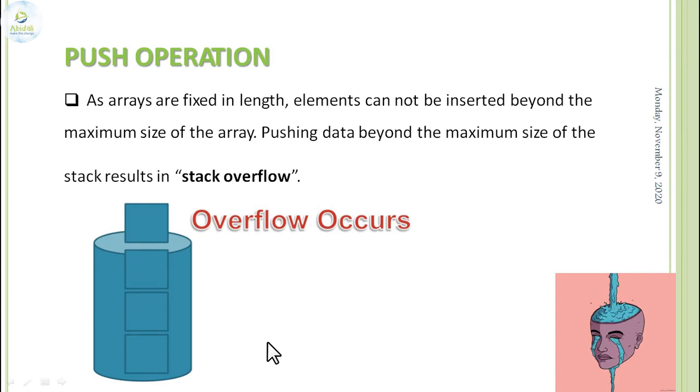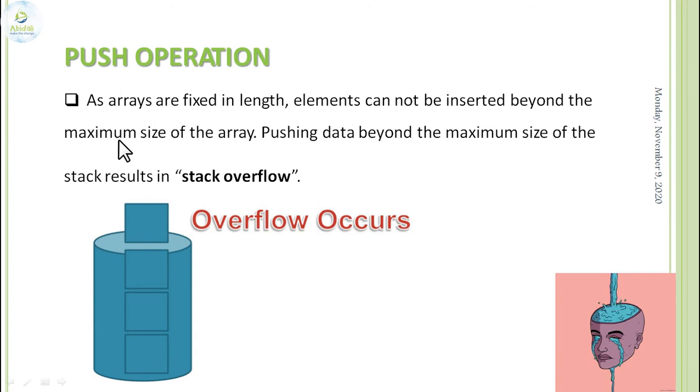Now how long is this going to happen, that is, inserting an item into the stack? There is a certain limit because arrays are fixed in size, that is, static in nature. There is something called overflow, and because we are dealing with the stack operation, we will consider it as the stack overflow condition. So considering this, as an array is of fixed length, elements cannot be inserted beyond the maximum size.